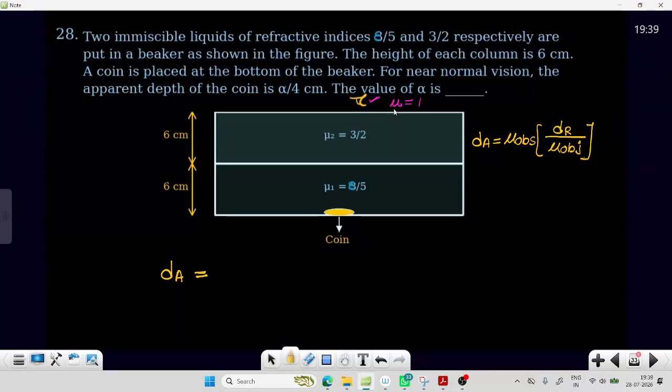Where is the observer? The observer is in the air medium, and the refractive index is 1, so that is 1 into. Next, the coin is here, and first we move from here to here. How much is this distance from here to here?